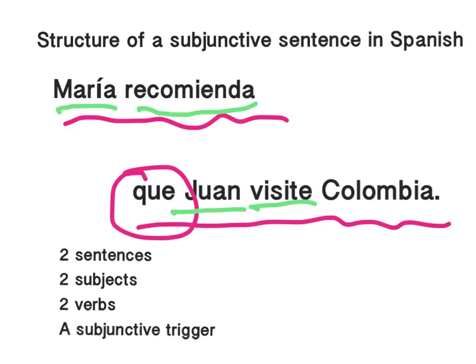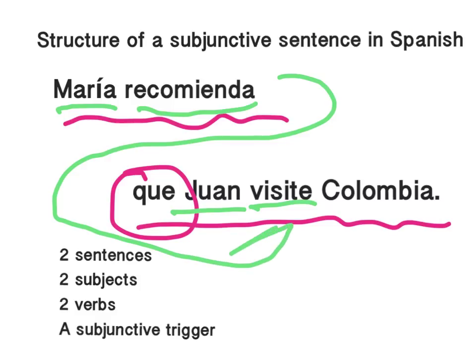Well, because we're using the verb recomendar, and recomendar is a subjunctive trigger, specifically a subjunctive trigger of influence. So when you see the verb recomienda, you immediately know that you're going to conjugate the second verb, visitar, in the subjunctive.